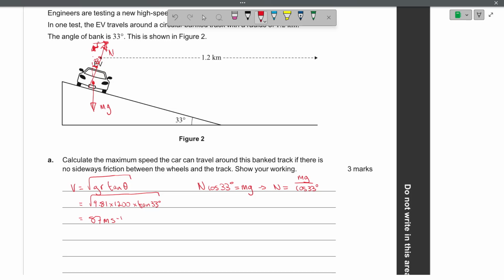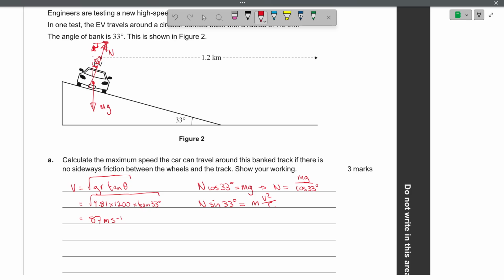Now, the horizontal component of our normal force can be written as N sine 33 degrees, and we know that that is providing the centripetal force in this scenario. Centripetal force, when we're dealing with an object in circular motion, we can write as m times v squared on r.